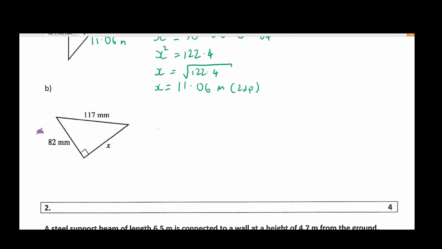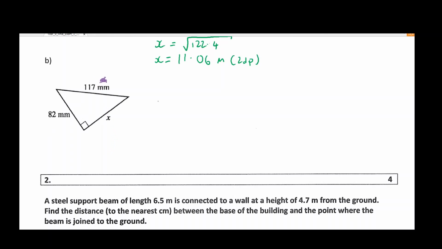Okay, let's do B. Now, this is our long side, and the other two sides are the short sides. So we're going to have this: 117 squared is equal to 82 squared plus x squared. So what x squared is equal to is 117 squared take 82 squared.